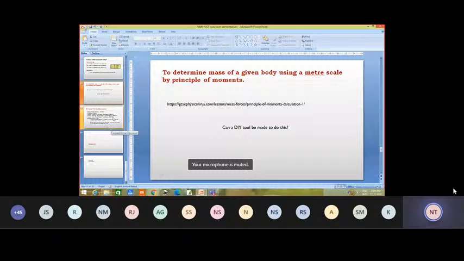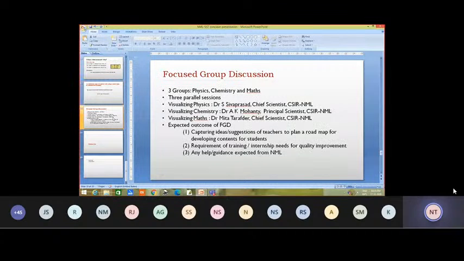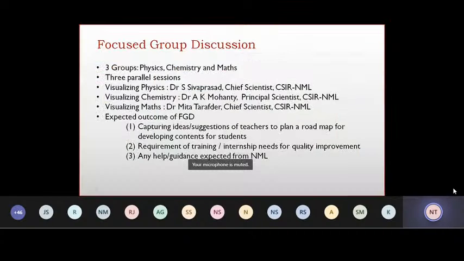We'll have a focus group discussion after my talk. There will be three groups: physics, chemistry, and maths. I told you there are three parallel sessions. Dr. Shongita will be sharing the link for physics and chemistry. The maths group, maths and computer science, will remain here. The visualizing physics session will be chaired by Dr. Shiva Prasad, and Dr. Srima possibly will be helping Dr. Shiva.